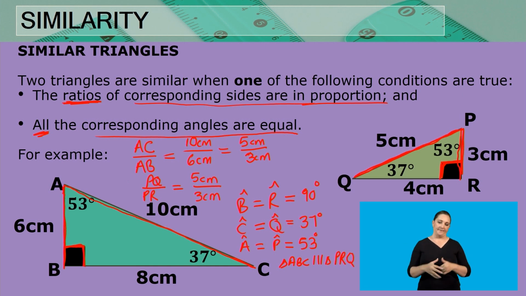And remember, we don't need both of the conditions to be met, we just need one of the conditions to be met. And then we can conclude that these two triangles are similar.